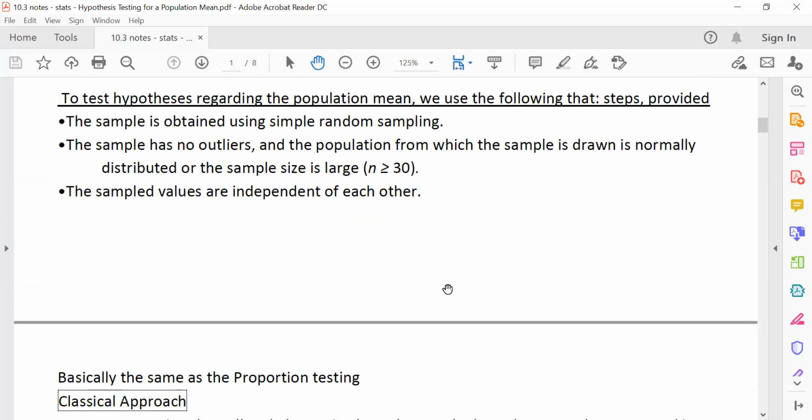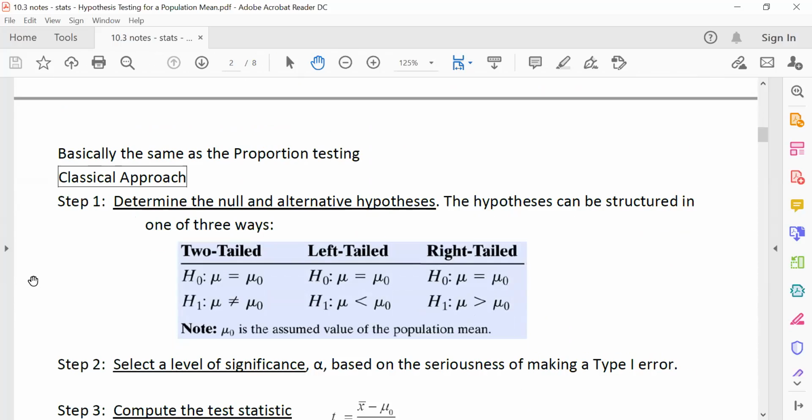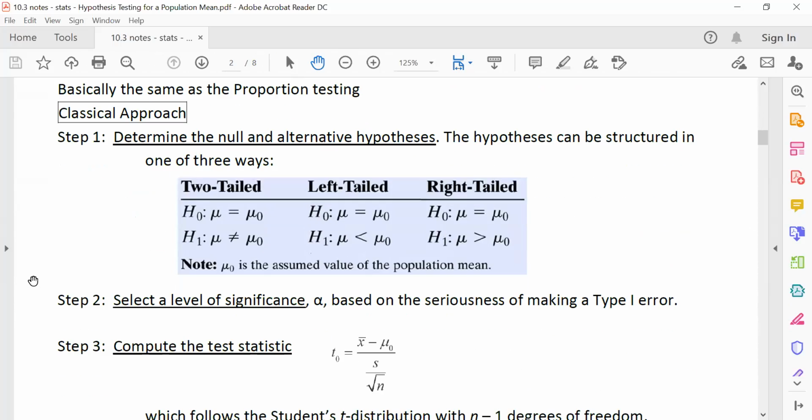We're just going to have to use the t-test for testing a hypothesis about a population. So the classical approach, which is actually going to be the only approach that we can really look at, will have us, again, determining our hypotheses. We need to determine if it's a two-tailed test, a left-tailed test, or a right-tailed test.